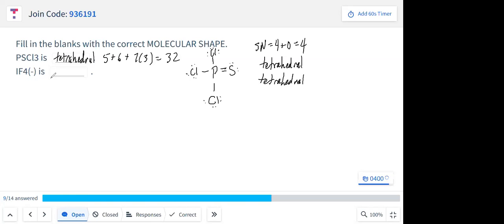For the iodine tetrafluoride ion, we've got 7 for the iodine, 7 for each fluorine, and an extra electron. It's going to give us 36. So if I'm drawing in my structure, and I do all the math here, 2, 4, 6, 8 times 4 fluorines is 32.